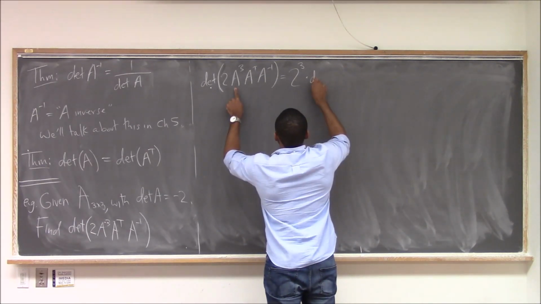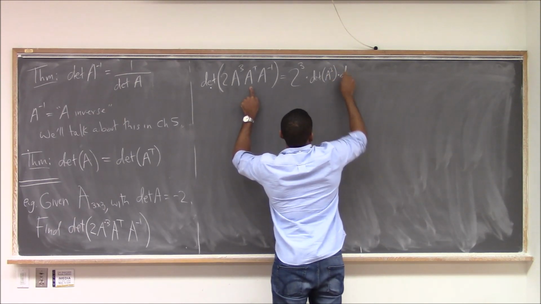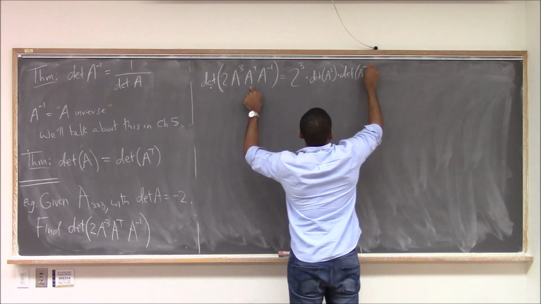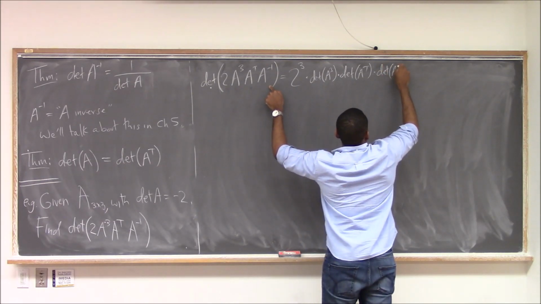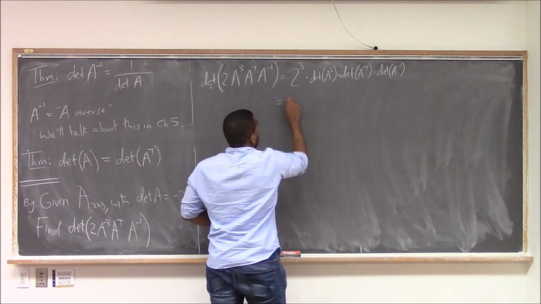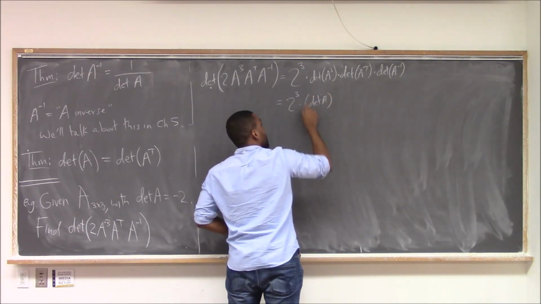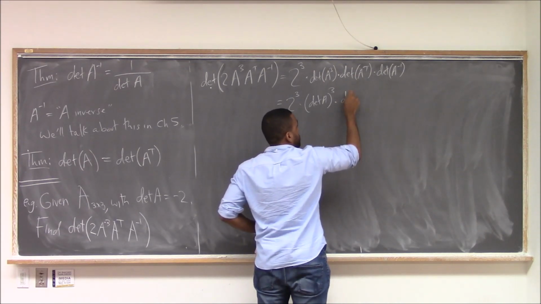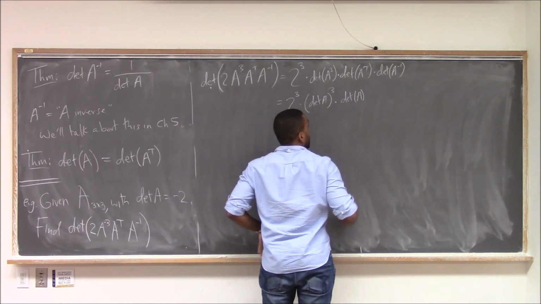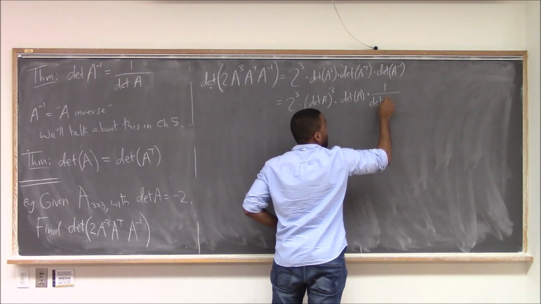So this is going to be 2 cubed times the determinant of A cubed times the determinant of A transpose times the determinant of A inverse. This one is exactly the same as the determinant of A. And this one is just 1 over the determinant of A.